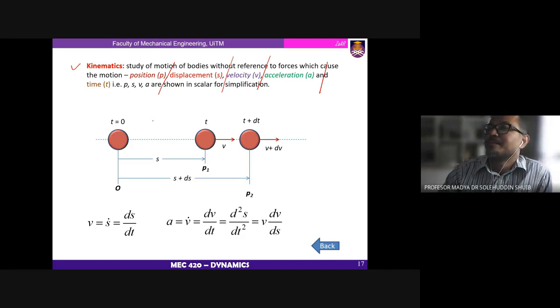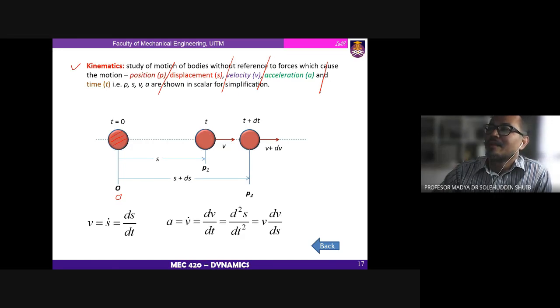For the first one, let's say we have this particle, the one in red, located here. This particle is moving to your right.